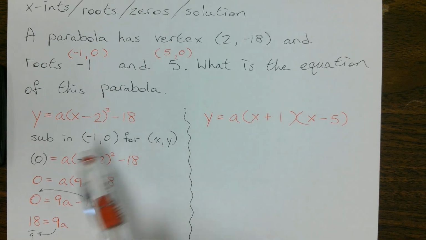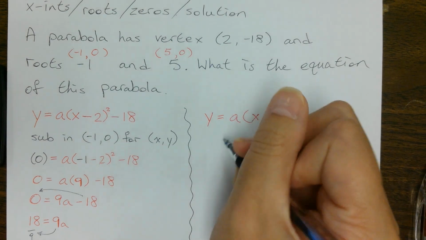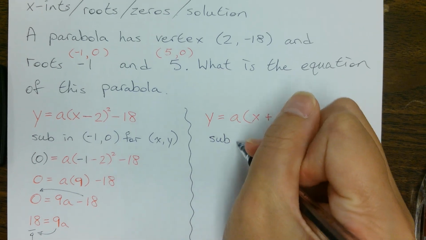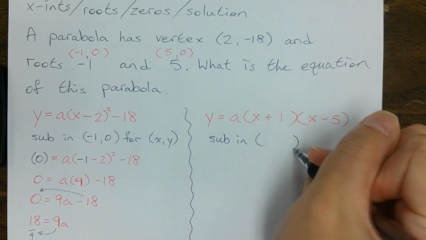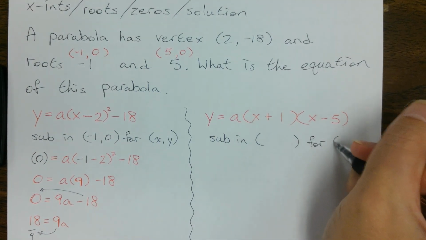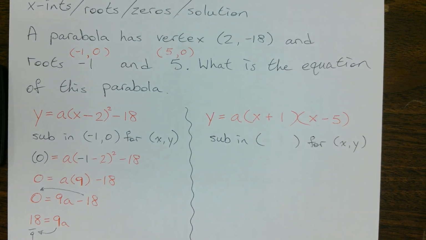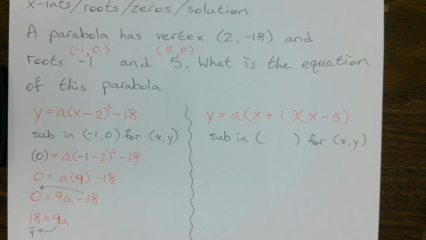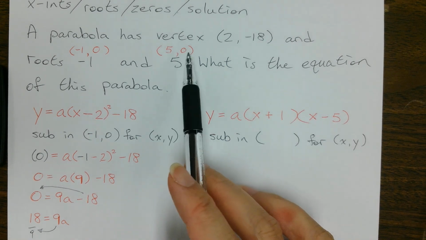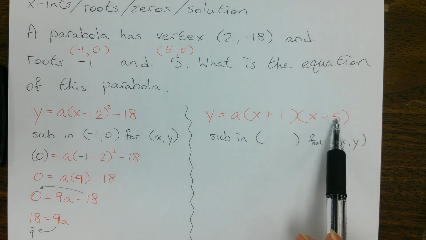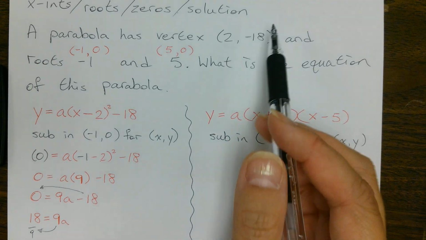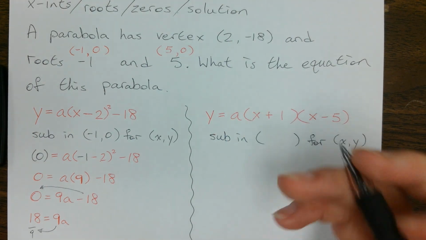So, just like right here, I'm going to have to sub in one other point. What point should I sub in for x and y? Which point did I not use? Yeah. I used 5, 0. I used it here to set up 2, 8, -18. Yeah, my vertex.